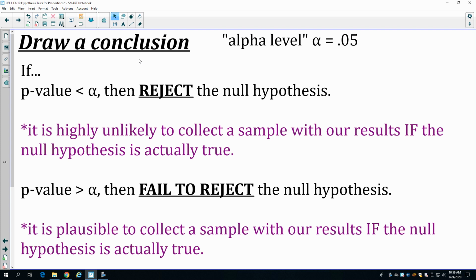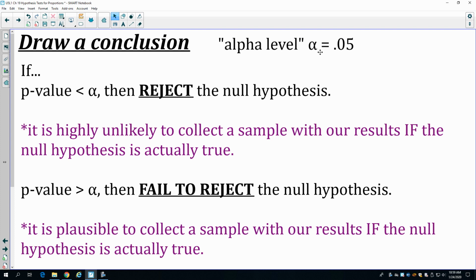We're not saying that thing is true, because we don't know for sure, but what we're saying is we don't have enough evidence to show that it's not true. So we typically compare our p-value to an alpha level, and this alpha level can be different.